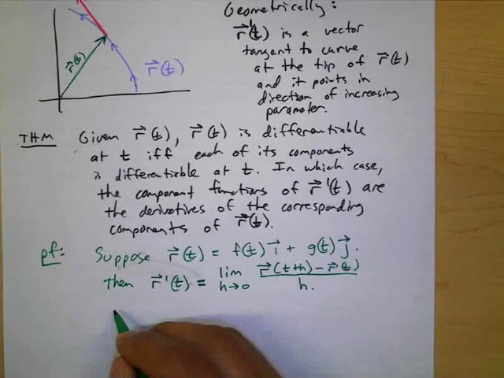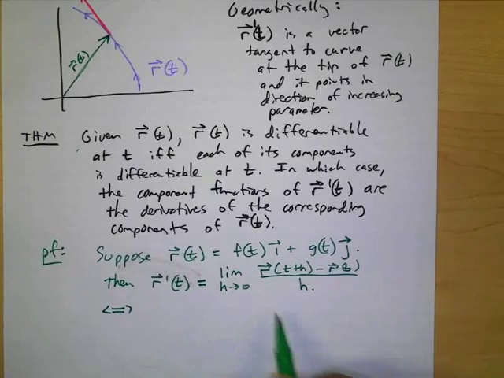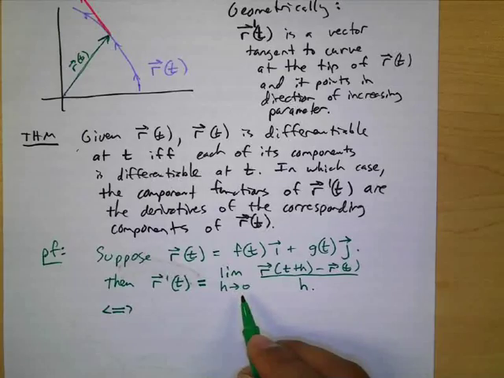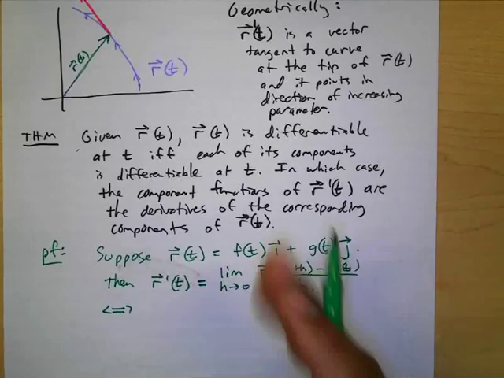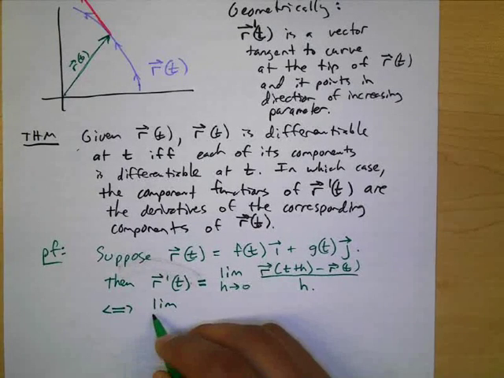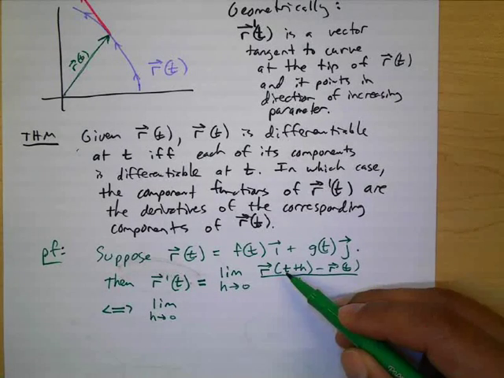So now, this is true as long as, and now we've also talked about taking limits of vector valued functions, right? If we're taking the limit of a vector valued function, you take the limit of the components. So you can do the limit as h approaches 0 of, let's go, x component.